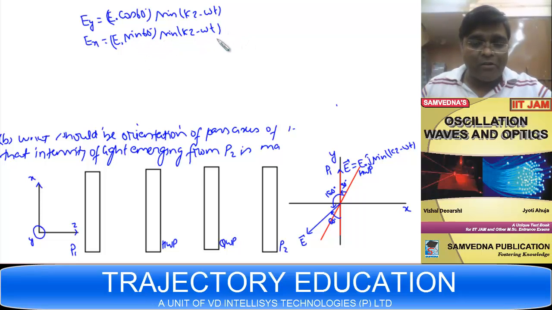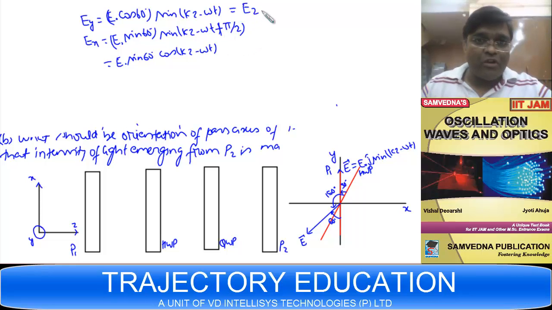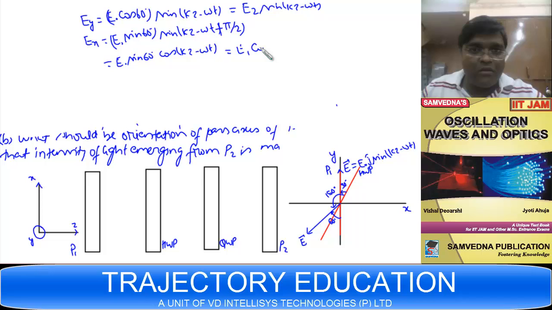After passing through the quarter wave plate, one of them will develop a phase difference of pi by 2 and will become E naught sin 60 cos(kz minus omega t). So if I call it E2 sin(kz minus omega t), and this is E1 cos(kz minus omega t), then after passing through the quarter wave plate, your resultant wave will be elliptically polarized.